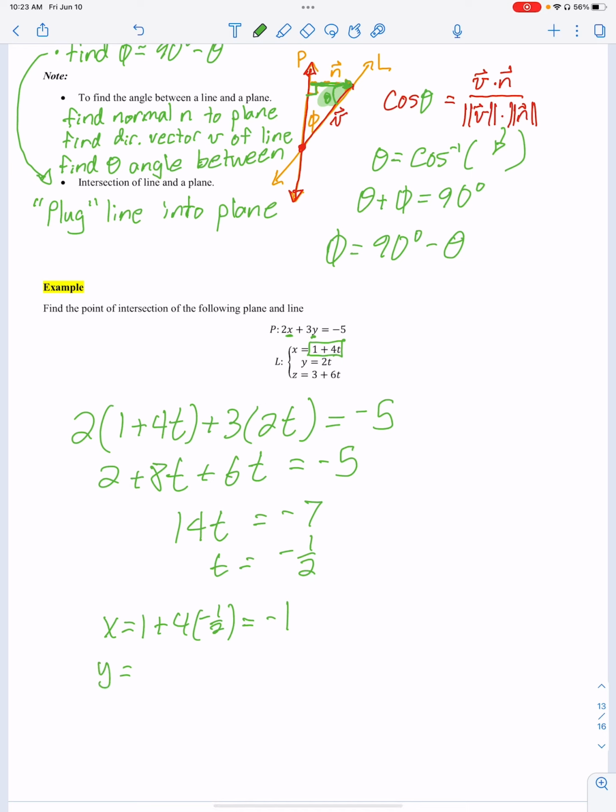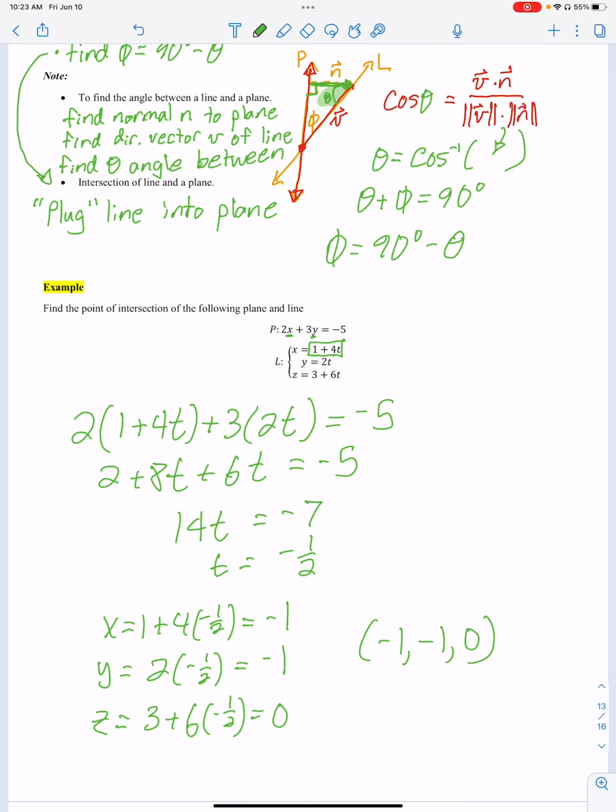If I plug that into my y, 2 times negative 1/2, I get negative 1. And then z, I plug in negative 1/2, I get 3 plus 6 times negative 1/2, and we end up getting 0. So the point of intersection between this plane and this line is (-1, -1, 0).